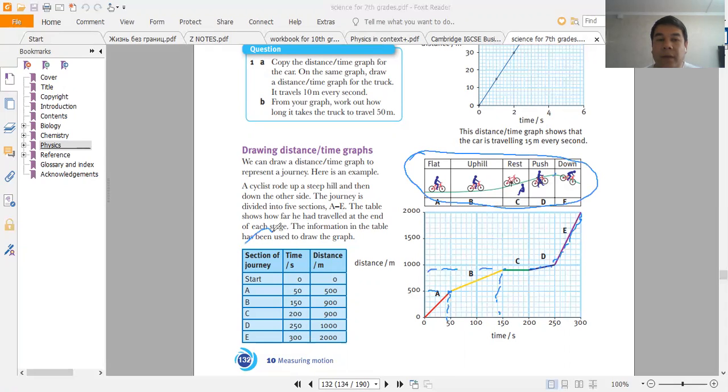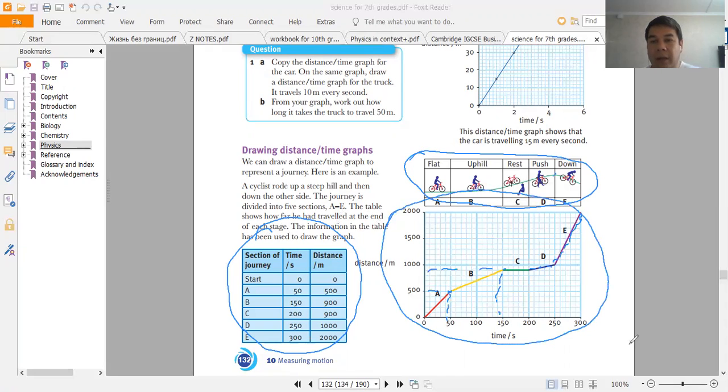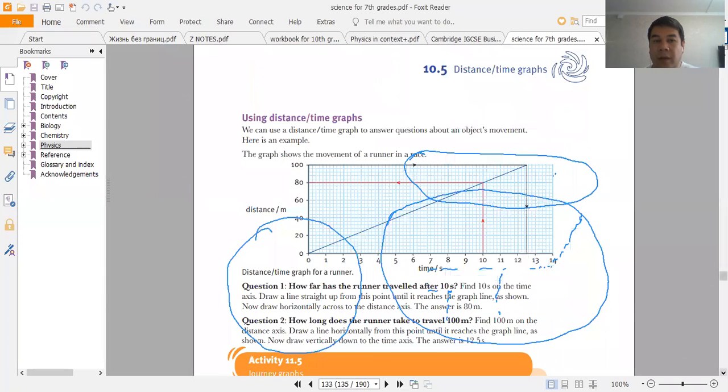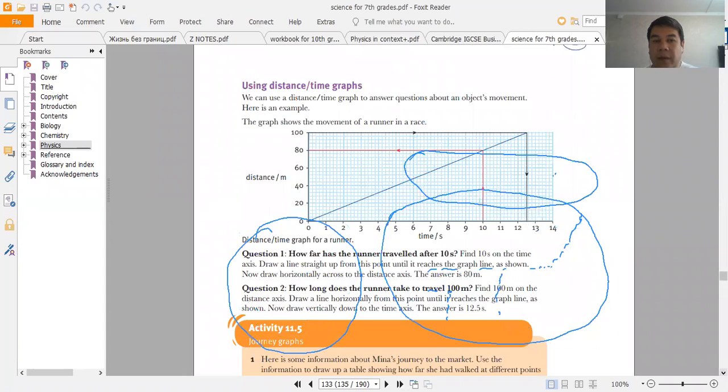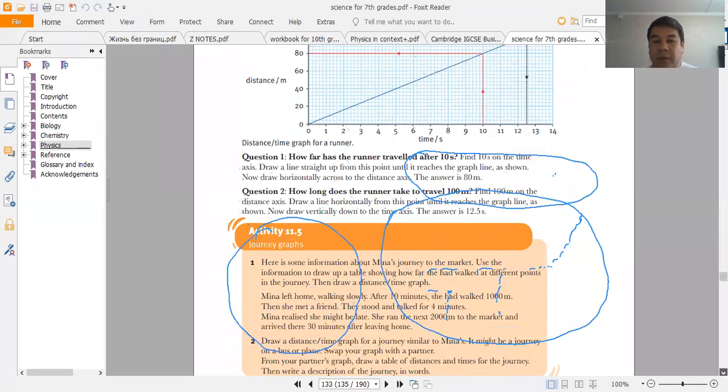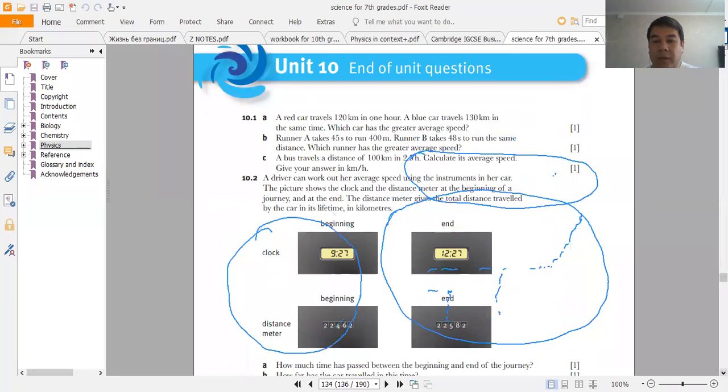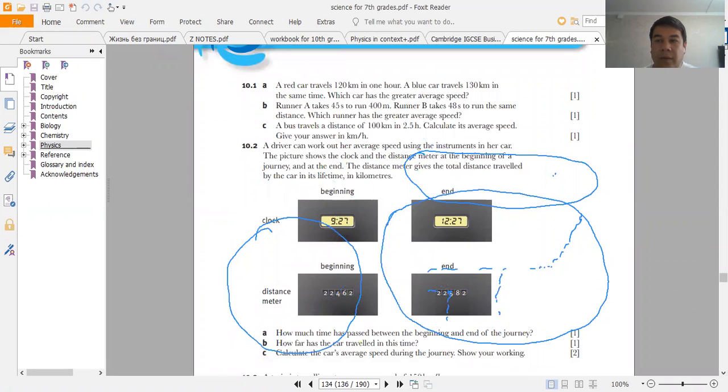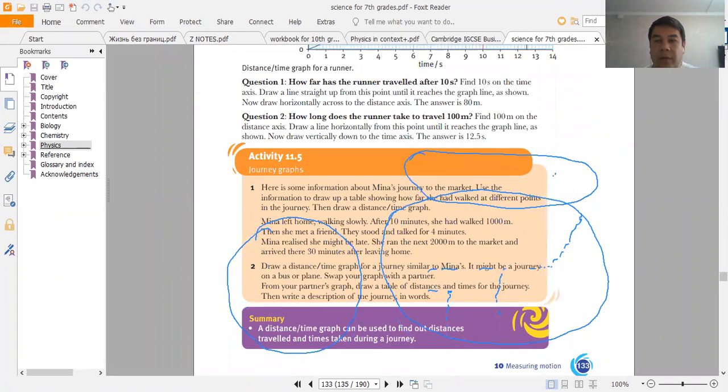This is the data about the picture, and this is the graph about our boy who is cycling up the hill. So it's also an important point which you have to take into consideration. And I think in your homework I will also ask you some questions about this part.